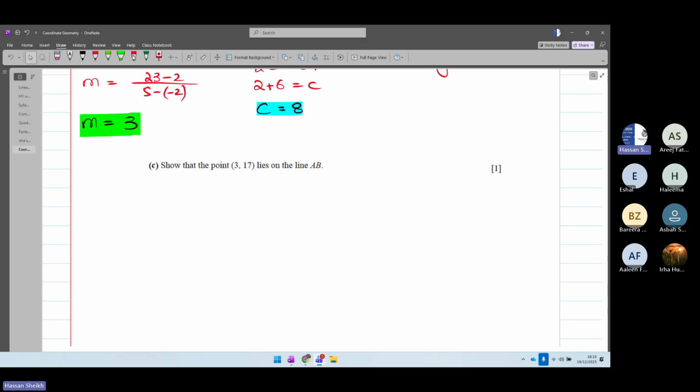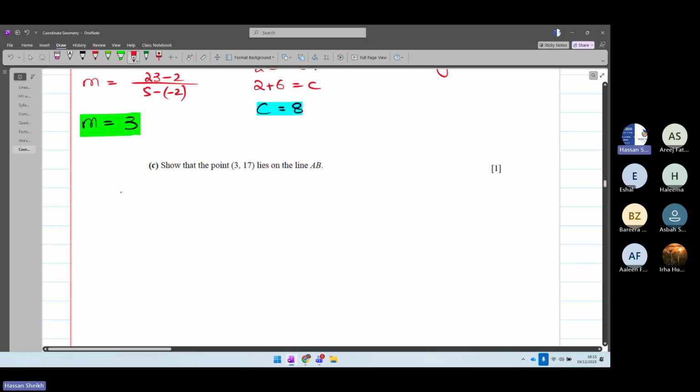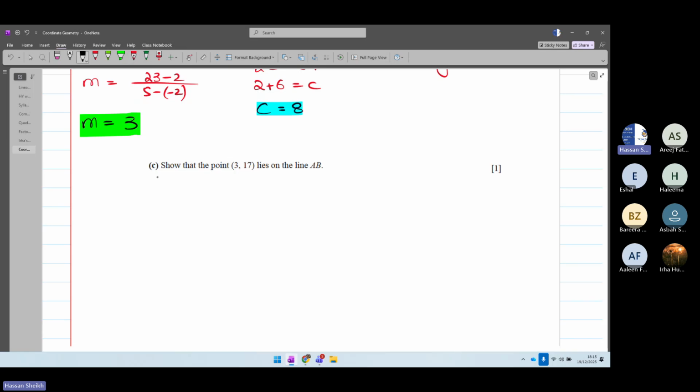Now remember, students, if any point lies on the line, then it must satisfy the equation of that line. Now you may be wondering, what does it mean to satisfy the equation of the line?